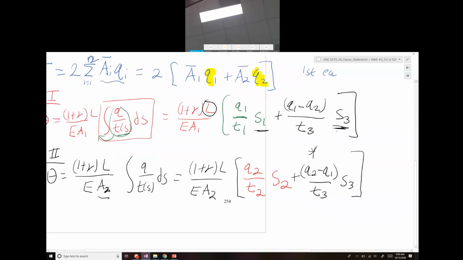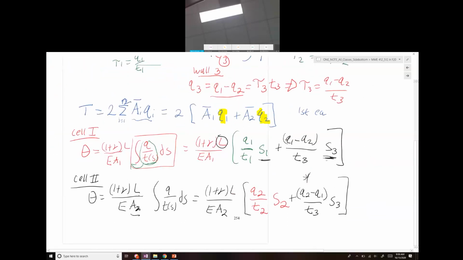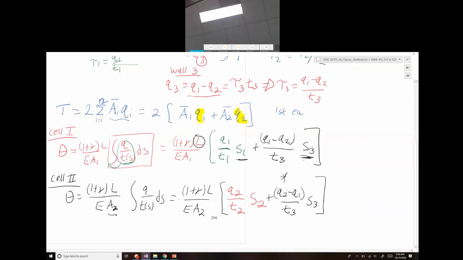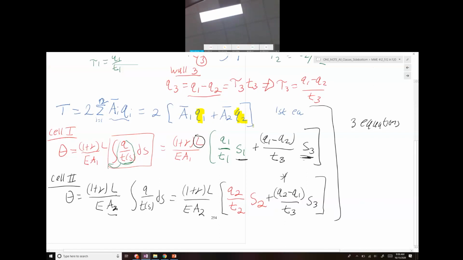All right. So what you end up with here is you have 3 equations, all right, and you have 3 unknown terms, okay? The 3 unknowns are Q1, Q2, and phi, or theta, okay?